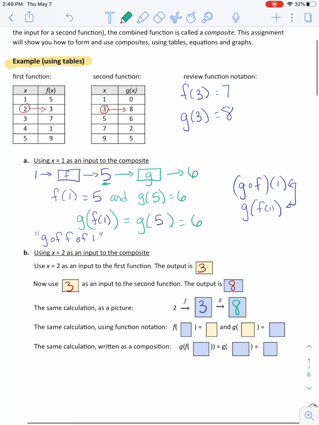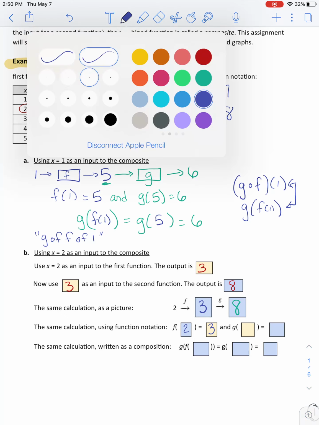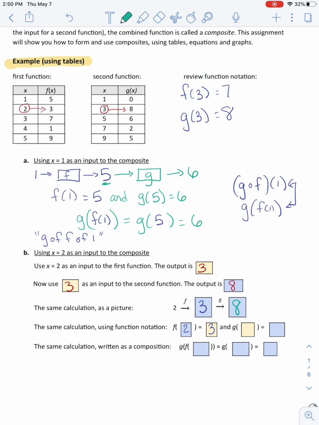So using function notation, we can say f of 2 equals 3. And then the g function is saying g of 3 is equal to 8. Okay, so then we think about the composite. What did we do? We found g of f of something.